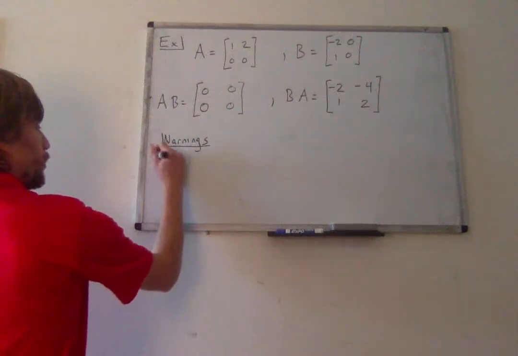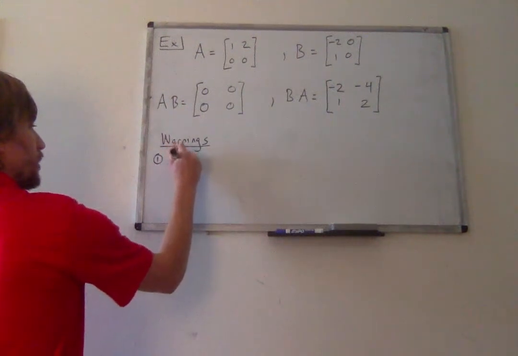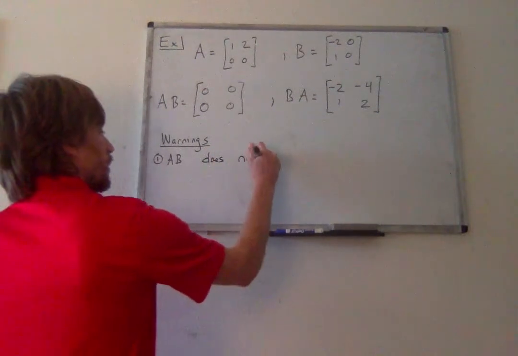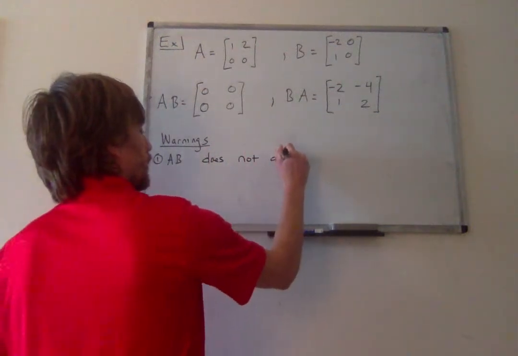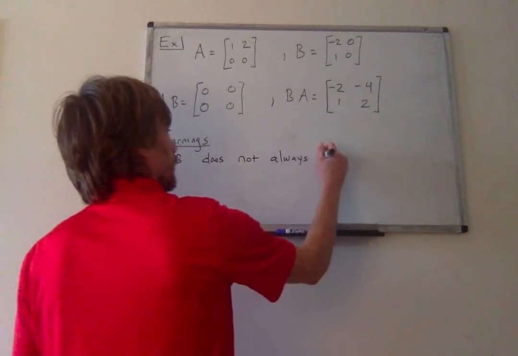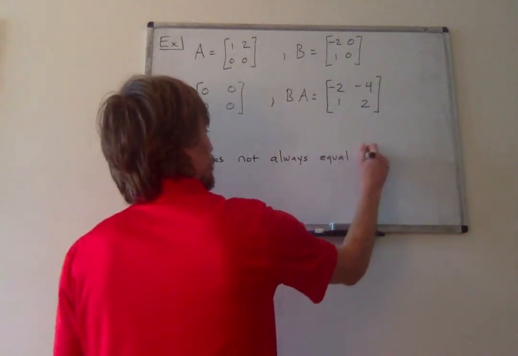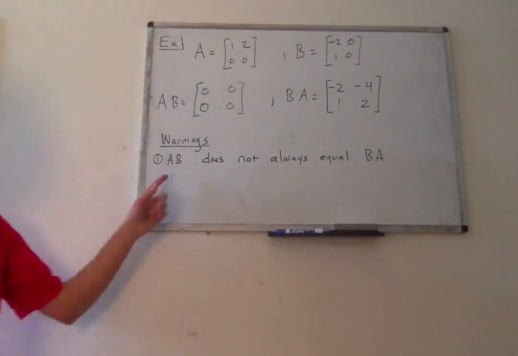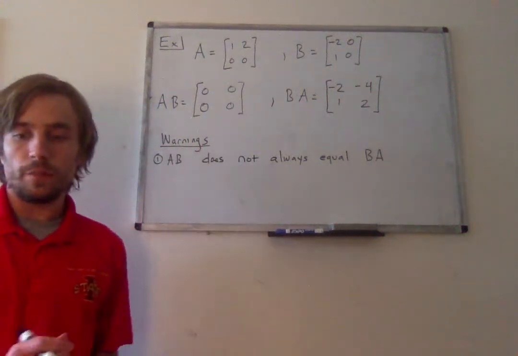And so we're going to finish up with a few warnings about matrix multiplication. AB does not always equal BA. So that's one. And you can see this from the example.